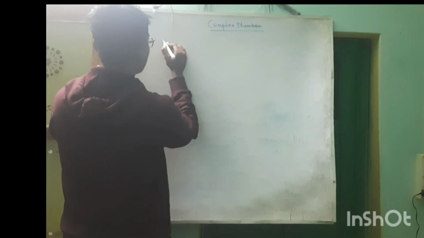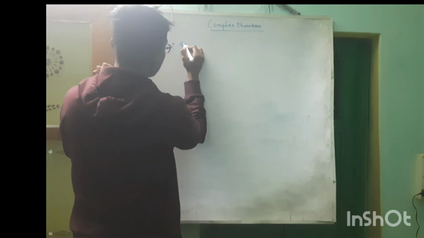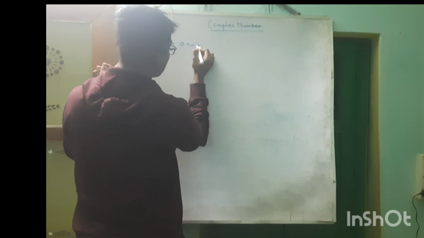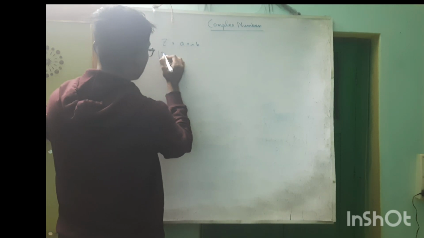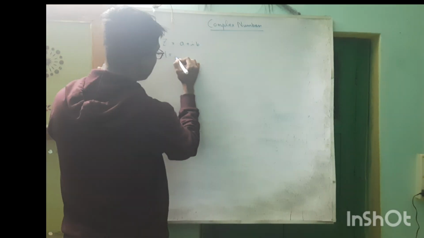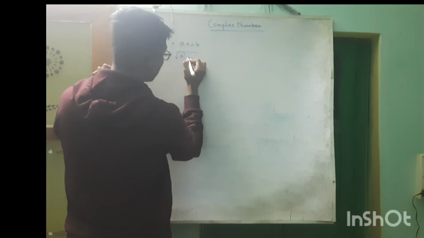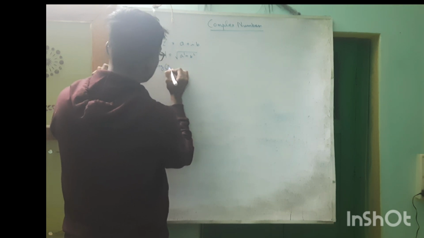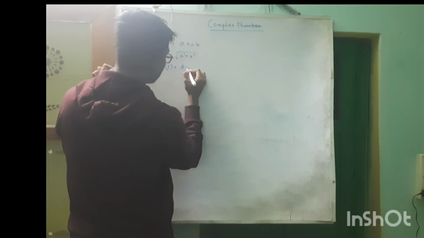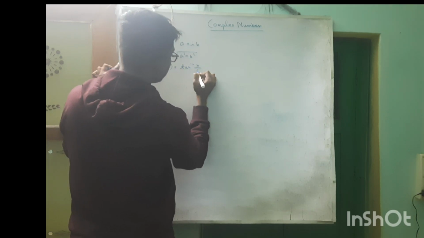Suppose z is a complex number a plus ib. So modulus of z is equal to root over a square plus b square, and argument of z is equal to tan inverse b by a.